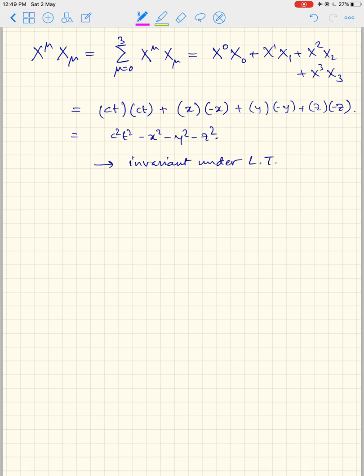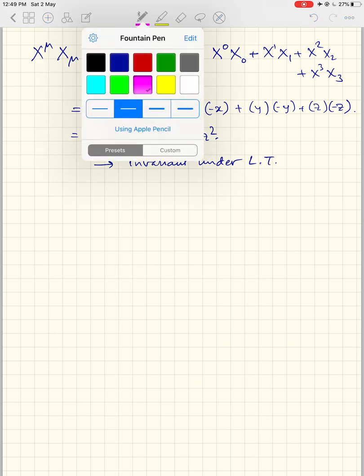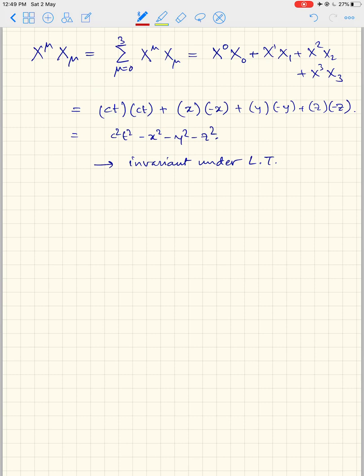So let me try to clear this for you. If there was a vector which had an index upstairs, an A mu, we called it some A. Under Lorentz transformations, A goes to A primed, which is lambda times A. And there was a vector B mu with an index downstairs.